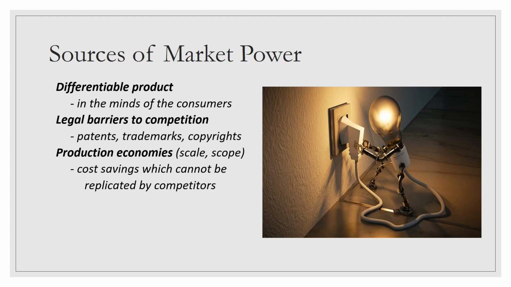That means that I don't have to charge only the cost of production. I could charge a price a bit higher than that, and the other companies still can't match it. Those production economies give me a certain amount of market power, the ability to charge a price above unit costs that generates for me economic profits.